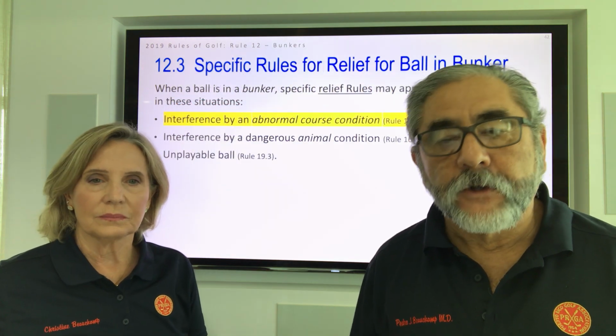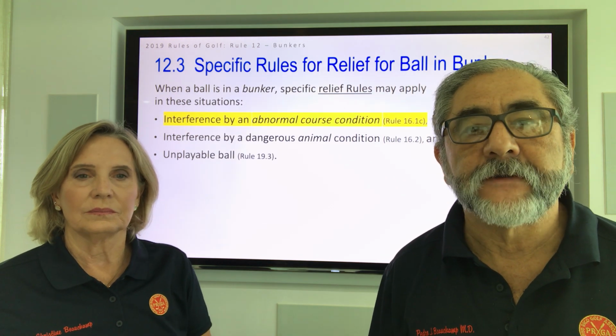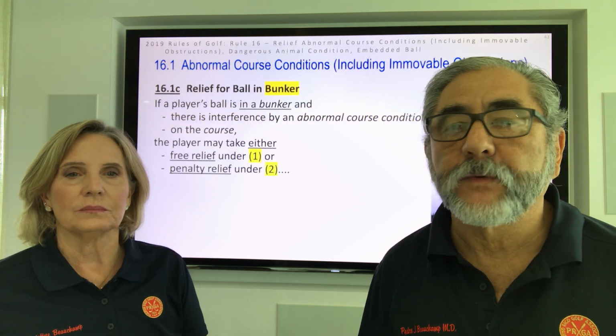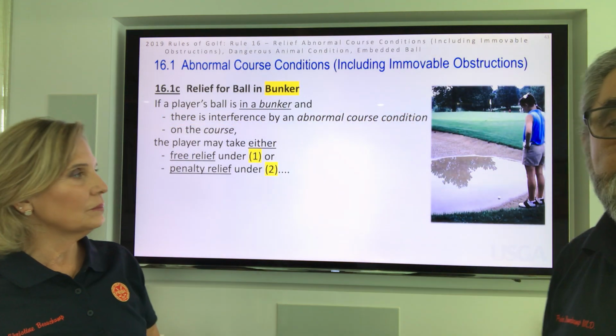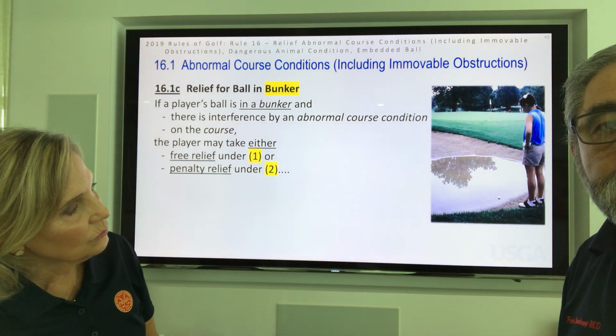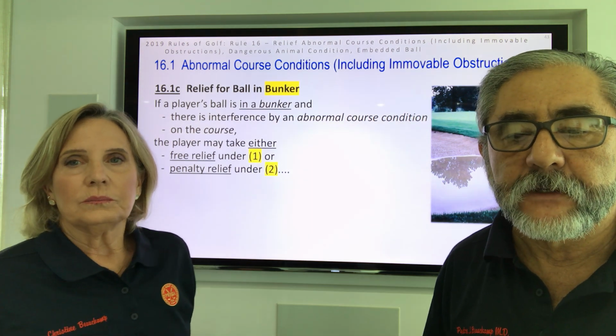Now, there are other conditions that the rules will give us relief. One of them is an abnormal course condition. How frequently we go into a bunker and we find a bunker full of water, used to be called casual water, now temporary water.